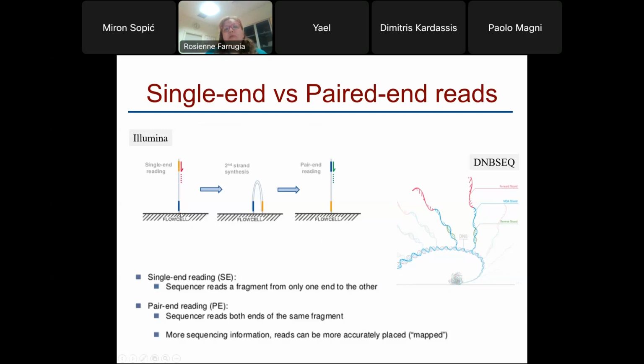So now you sequence the fragment from the other end and you generate another 150 base pairs for the same DNA fragment at the same position on the slide. So with paired end reads, we get double the sequencing data because instead of 150 base pairs, we get 300 base pairs of data from each fragment.